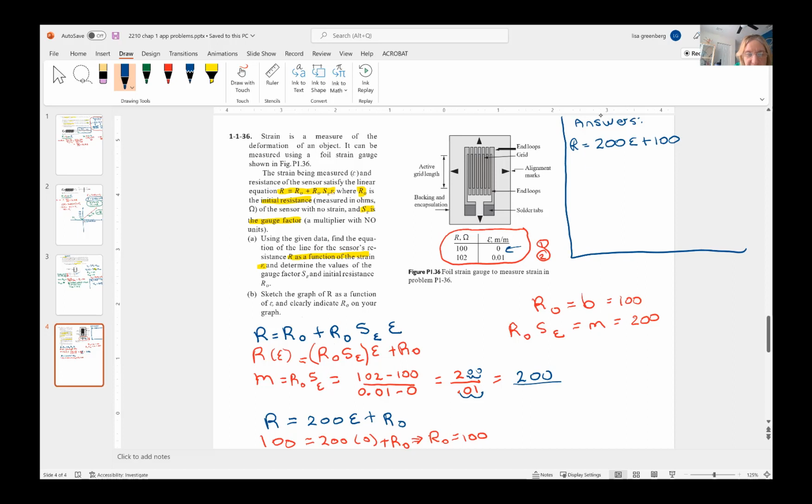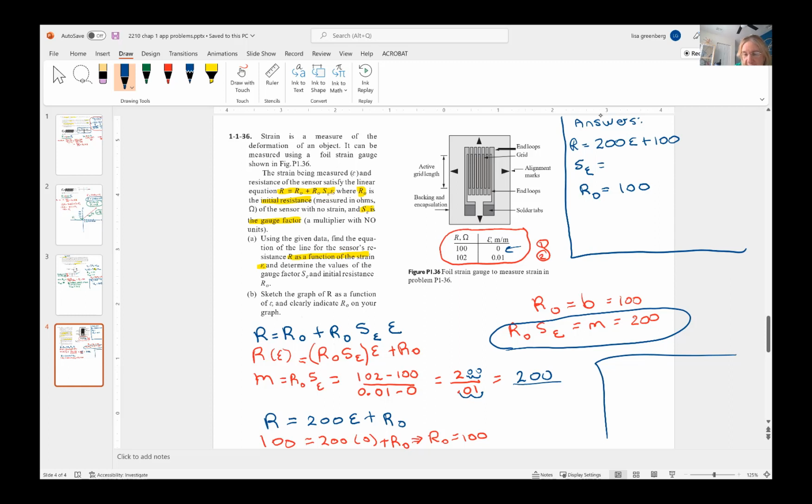And determine the values for the gauge factor S sub epsilon and R sub 0. Well, we know R sub 0 is 100. We already talked about that. And we know R sub 0 times S sub epsilon is our slope. But if we just want S sub epsilon, we can divide our 200 by our R sub 0.